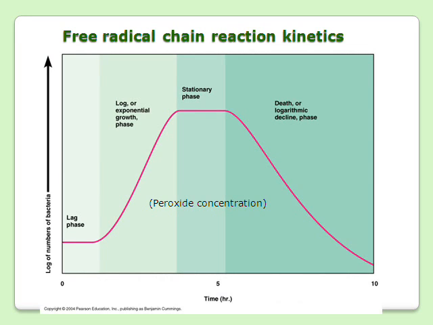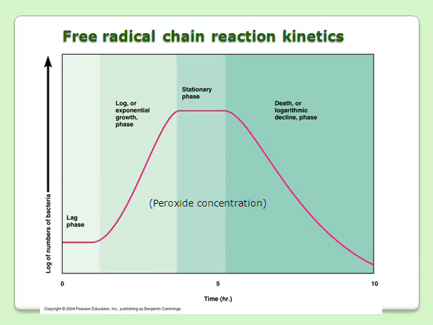Free radical chain reaction kinetics, as I described, begin with the slow initiation step or lag phase that's shown here. This particular slide happens to be about bacterial growth, but it turns out that the same thing can be used to describe free radical chain reactions. The lag phase or initiation phase is slow, but once it starts to take off, the log phase, which we call the propagation phase, goes along at a very fast rate.